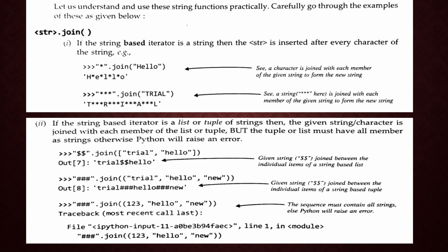And second one is, if the string based iterator is a list or tuple of strings, then the given string character is joined with each member of the list or tuple, but the tuple or list must have all members as strings, otherwise Python will raise an error.